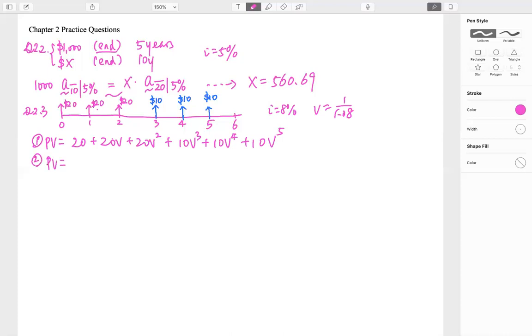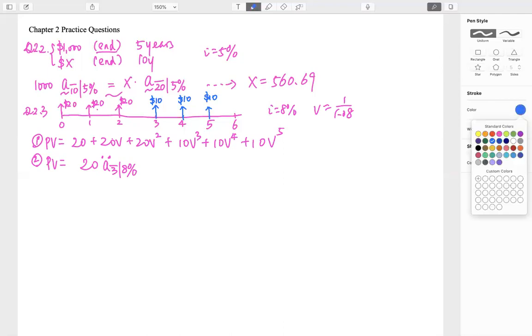So next, let's think of the first 3 payments as an annuity due. So I have 3 payments at i being 8%. Then I will try to handle the second term. The payments in blue, you can think of them as a deferred annuity.